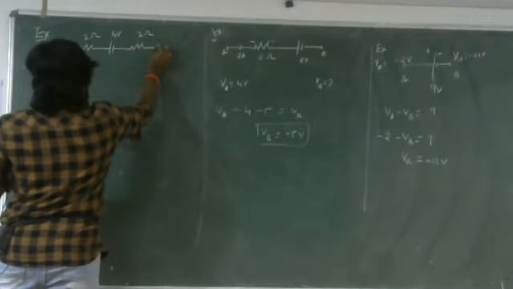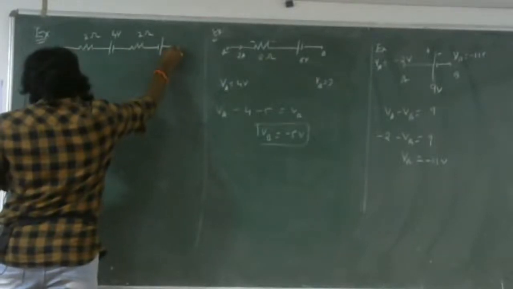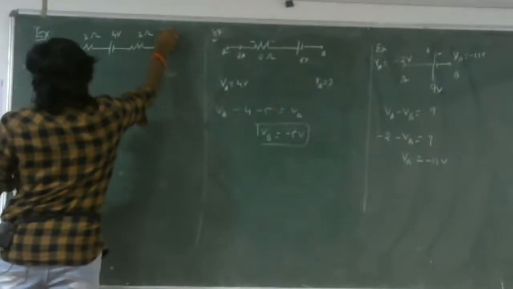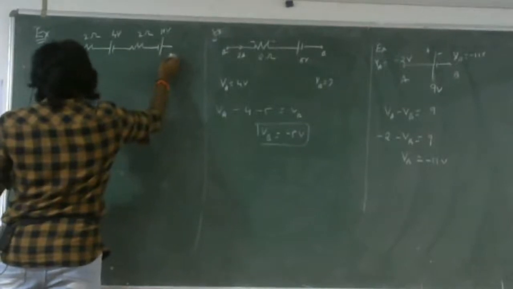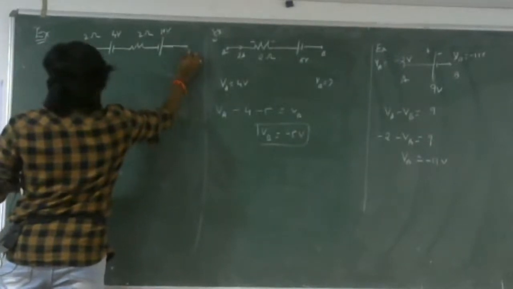Then it is connected to another cell in reverse polarity, which is having a 10 volt potential difference. It is connected to point B.